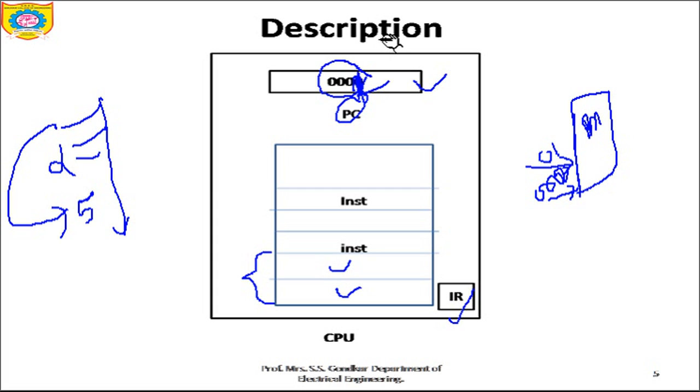If the instruction is a jump instruction, then the CPU has to change the contents of the program counter. Therefore, what exactly is the function of the program counter? The function of the program counter is to always hold the address of the next instruction which is to be executed.